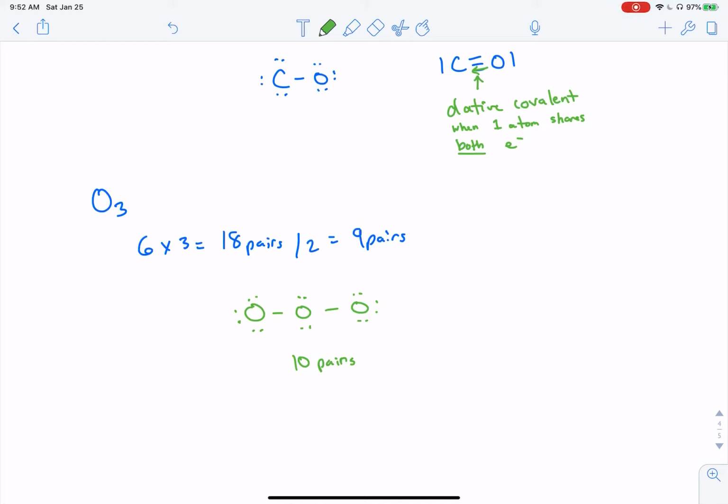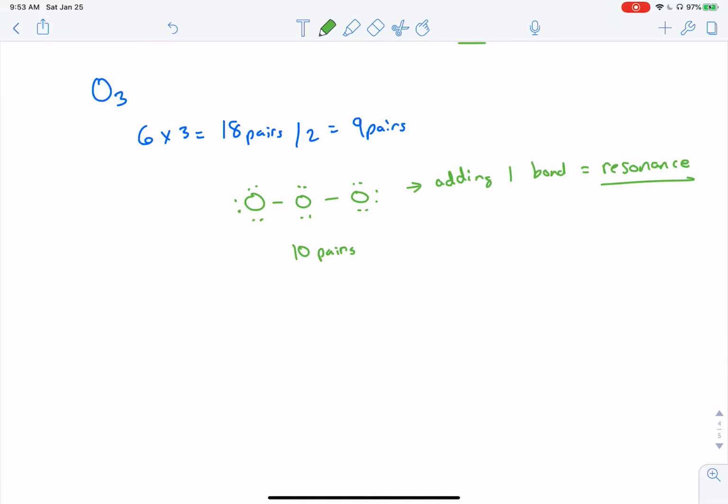So if you do it this way and you go, I have to add a bond, but it doesn't matter where I add the bond, that's resonance. So this technique incorporates resonance and dative covalent bonding. So what this tells me is adding one bond means resonance. So if I do the structure and I go, I have to add a bond, but it doesn't matter where, it ends up being resonance.